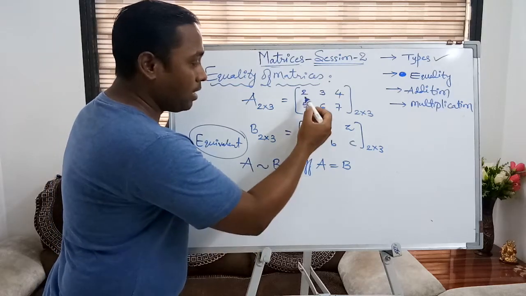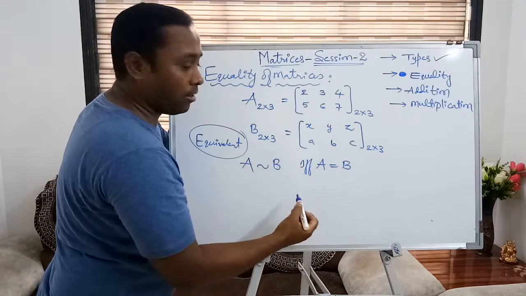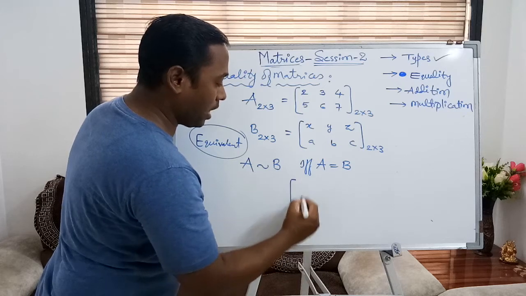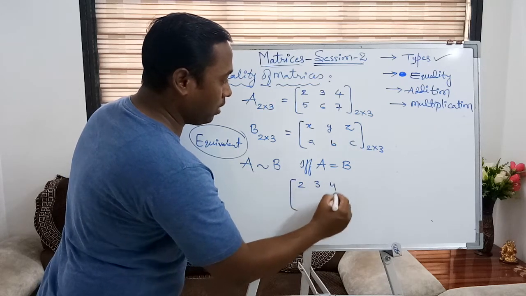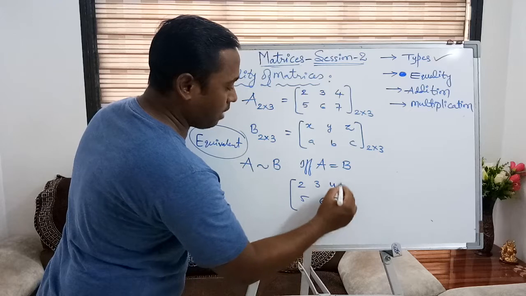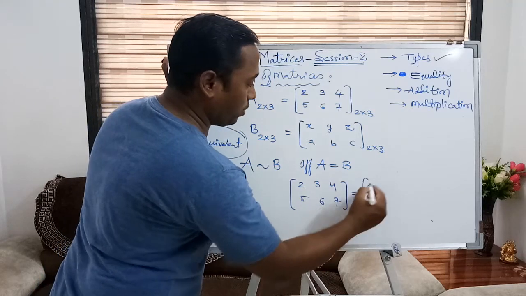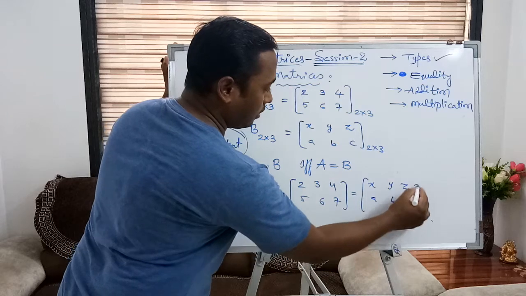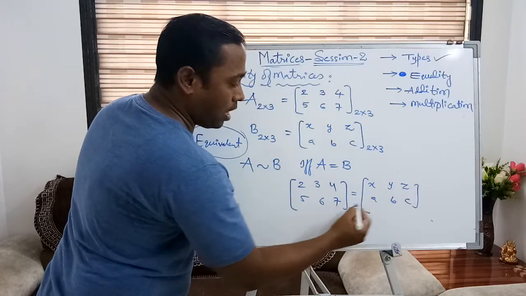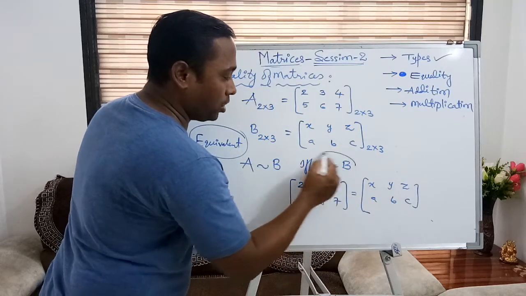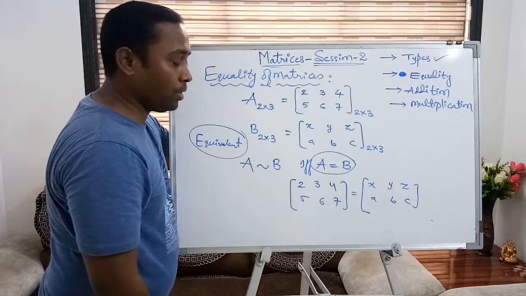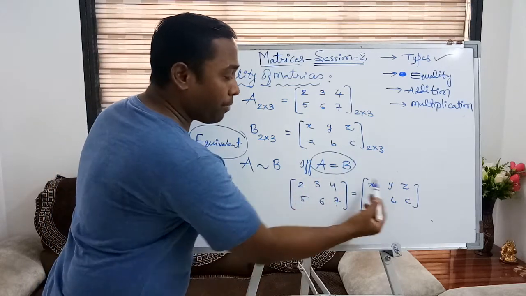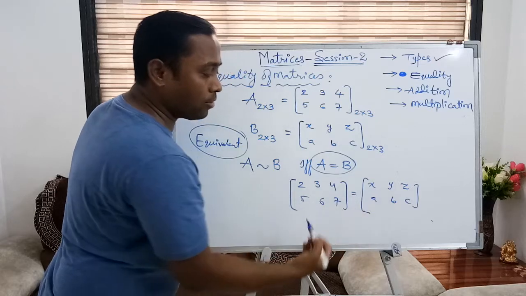Comparable means I can compare these two matrices. It means that if I say 2, 3, 4, 5, 6, 7 is equal to x, y, z, a, b, c, with the same orders and the condition given, then I can compare the corresponding elements.